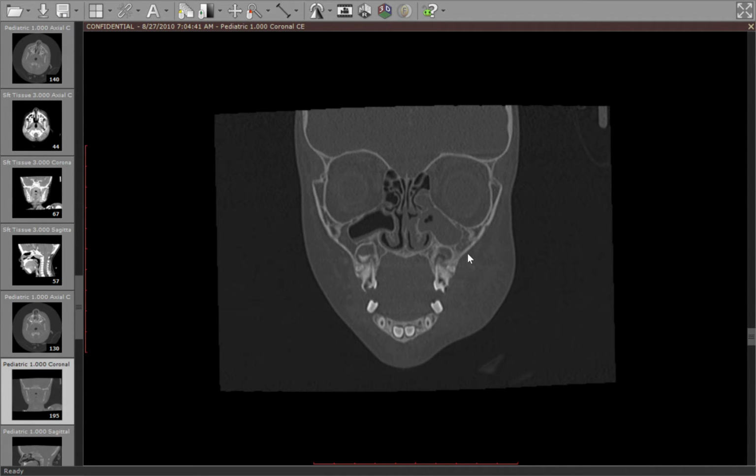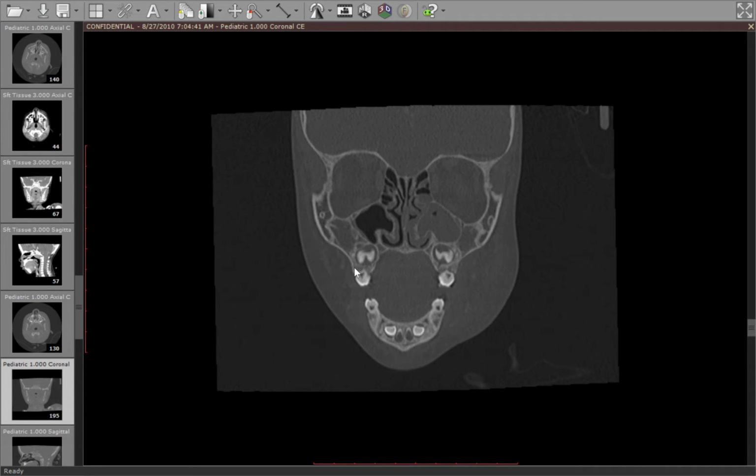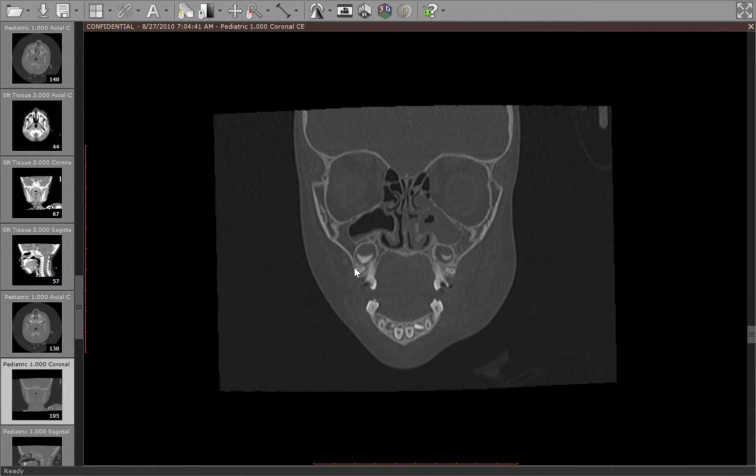So I can't say for sure that this infection is spread or is affecting the permanent teeth, but it's certainly suspicious for that. And it can have consequences. The permanent teeth can be dysplastic and malformed if infection occurs during development.